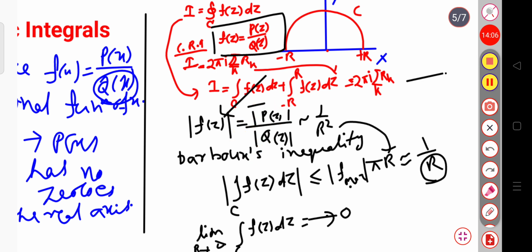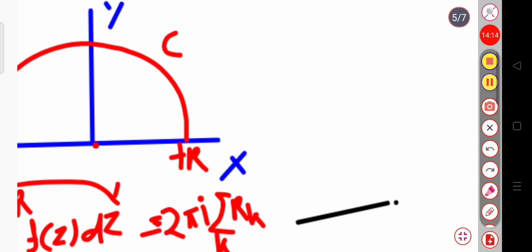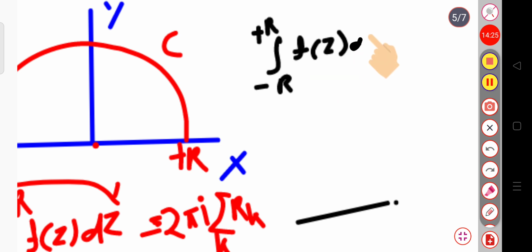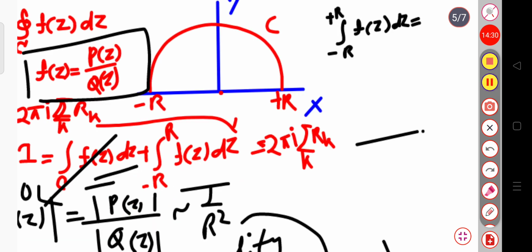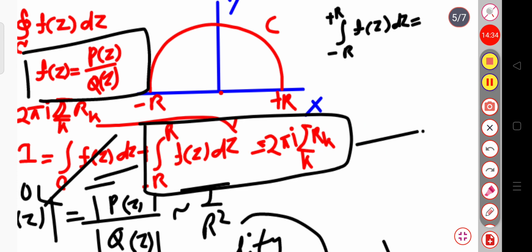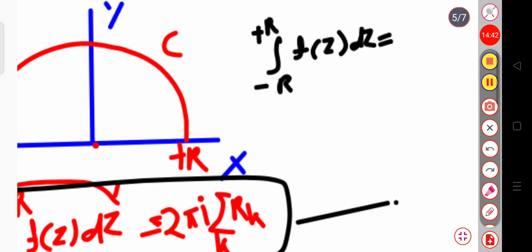Here you can see that the integration over the arc goes to 0. Now we want to calculate the integral from minus r to plus r of f of z dz. Since the arc term already goes to 0, the remaining term will be the integral from minus r to plus r of f of z dz equal to 2 pi i into the sum over the residues.